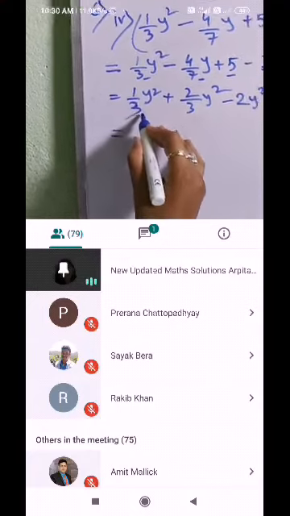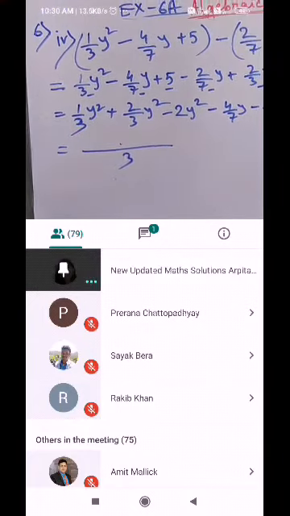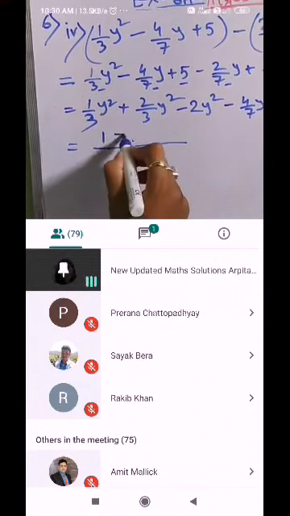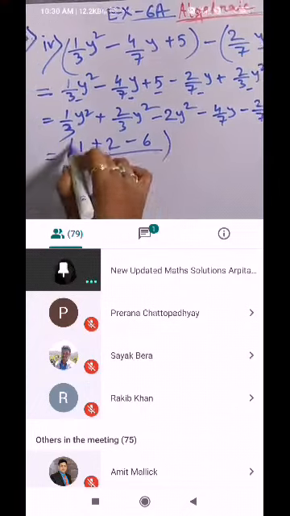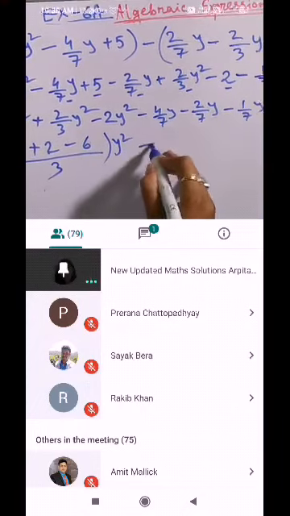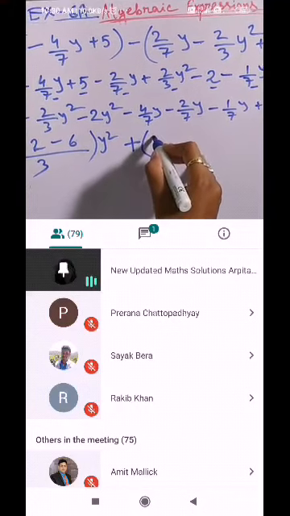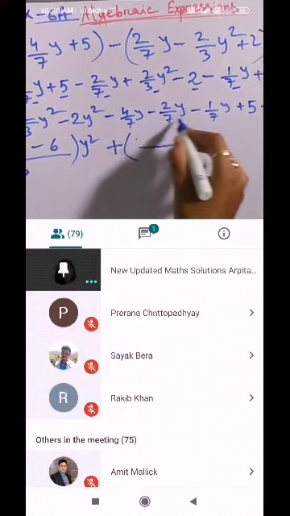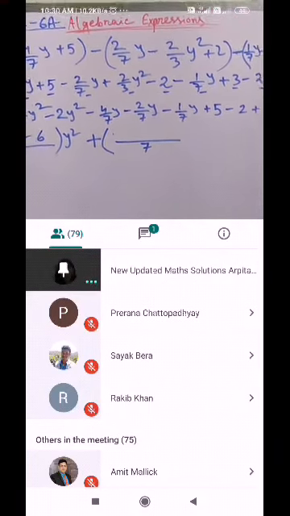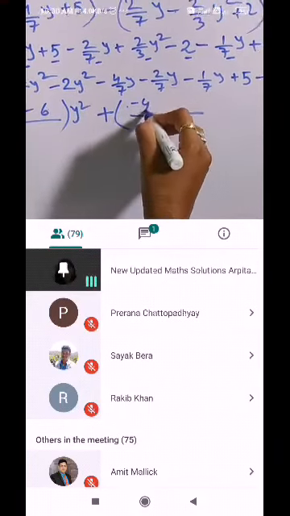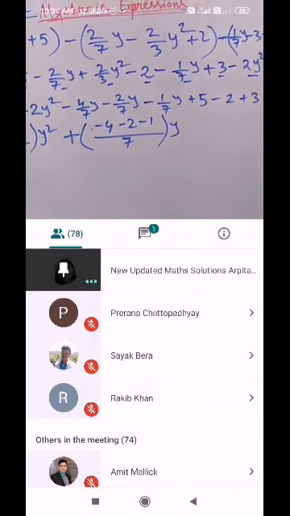Here 3 is the denominator, that's why 3 will be, then 1 plus 2, and here 2 3 is 6 y square. Minus, I will write here plus, because inside the bracket I will write minus. Here all the denominators are 7, that's why minus 4, then minus 2, minus 1, outside the bracket y will be.